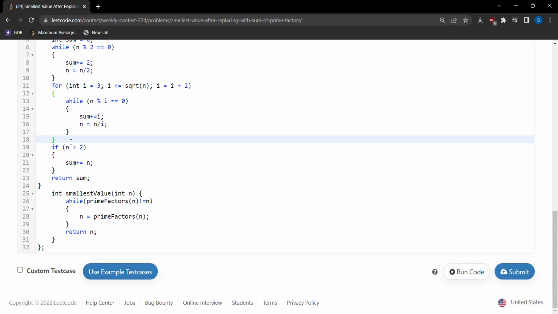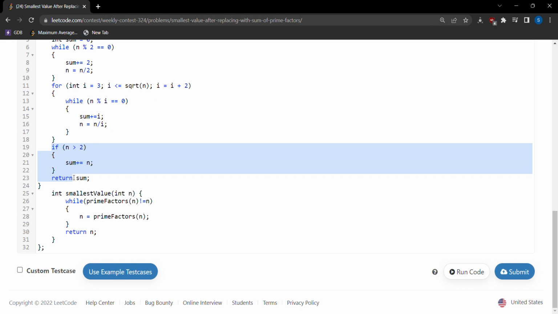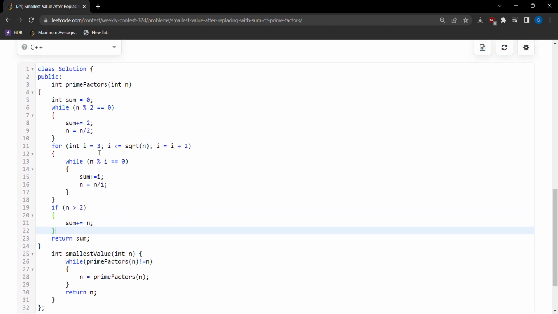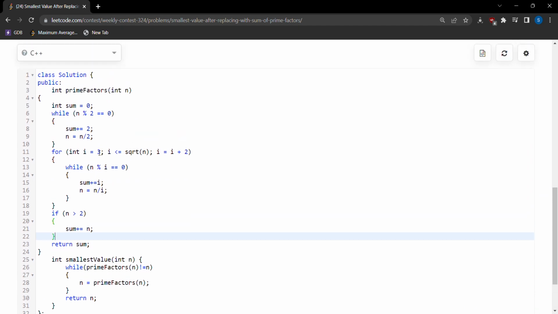Now this step is pretty serious. If n is greater than 2, sum plus equals n. What does this mean? This means that we have to also include the number itself as a prime factor. Are you getting that? Why am I saying this? Because what would be the final n that comes out from here? It will be a prime number, right?